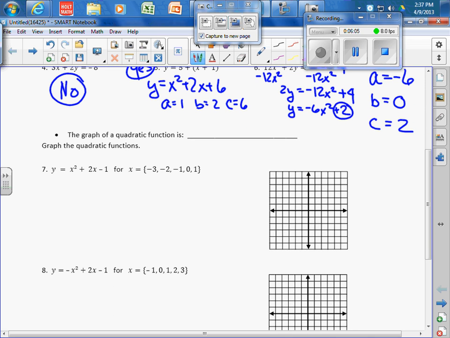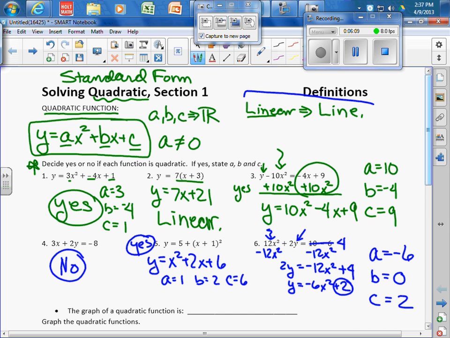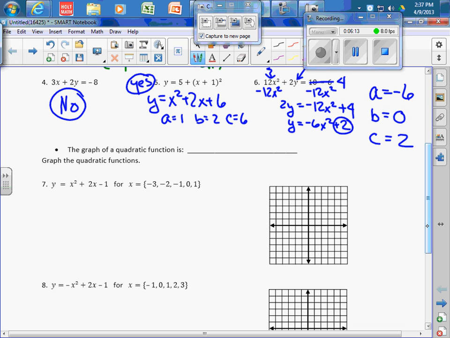Well, we talked earlier about what we get when we graph a linear function. What did we say? We get a line, right? Well, here the graph of a quadratic function is called a parabola. And parabolas are very important in our everyday lives, in science, and everything that we do is based on parabolas.